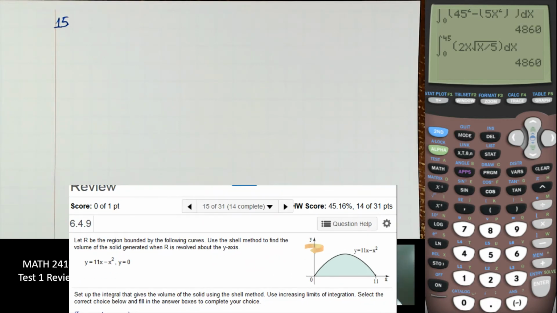So we have y equal to 11x minus x squared, and y equal to 0, the x-axis. Now we try to rotate this about the y-axis. And for this one we have to use the shell method.